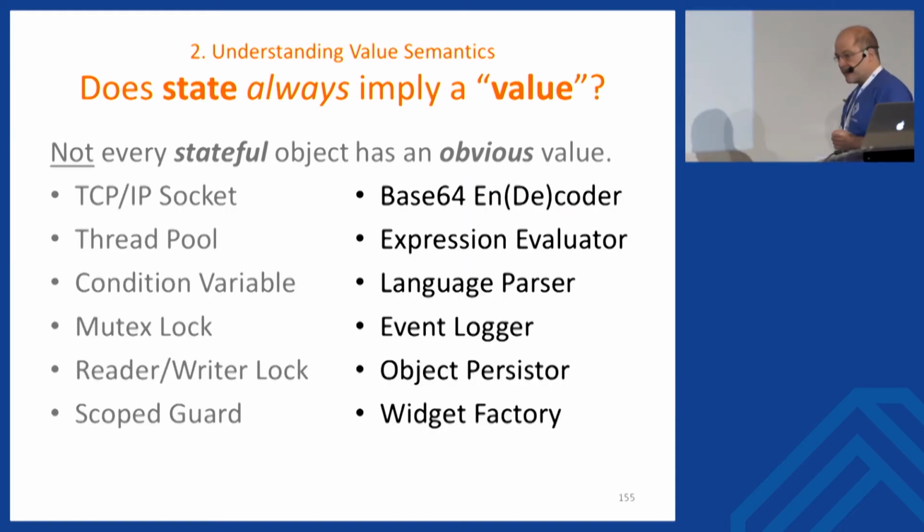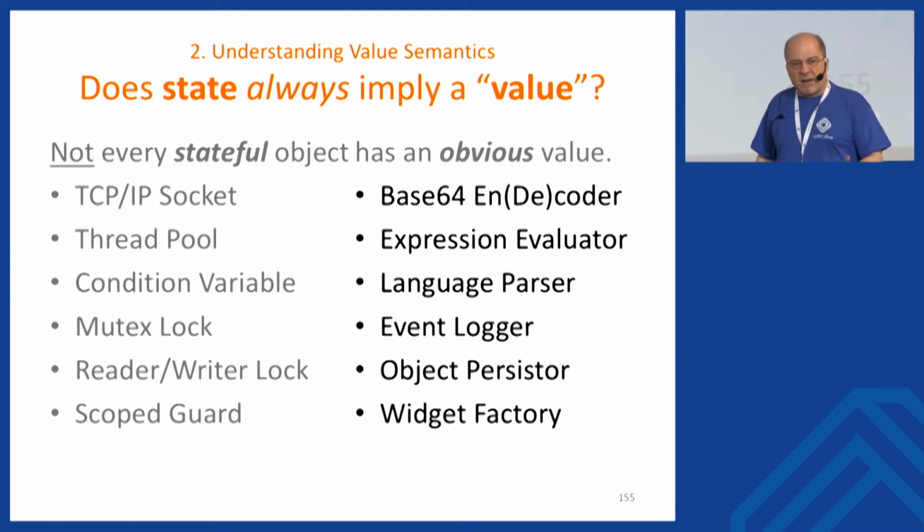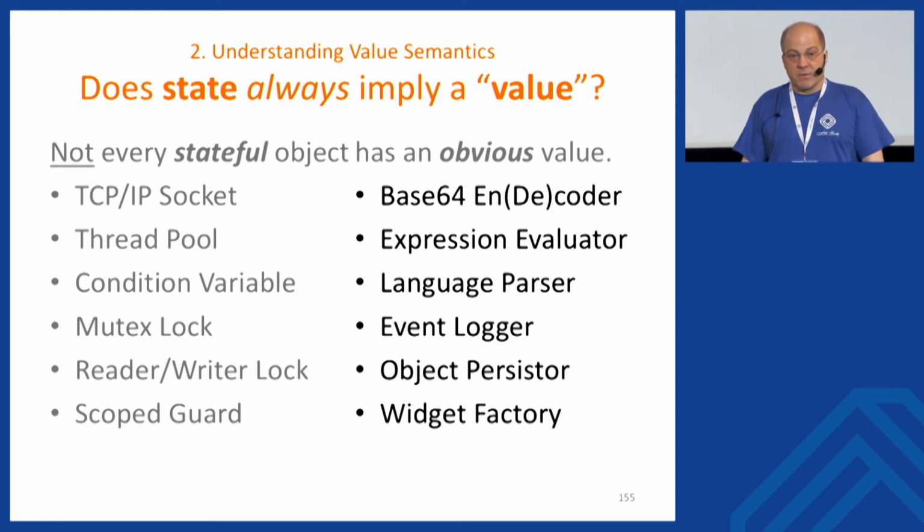Here's some more things. Do any of these things have a value? Do they try to represent a value, or do they do things? Remember when I told you we have nouns and verbs? The English language doesn't have all that many parts of speech. C++ software doesn't have all that many parts of speech, not in the real world.